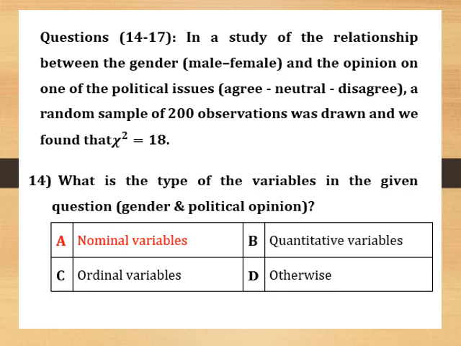A random sample of 200 observations was drawn, and we found that chi-square equals 18. Number 14. What is the type of variables in the given question, gender and political opinion? These are nominal variables. Correct answer A.